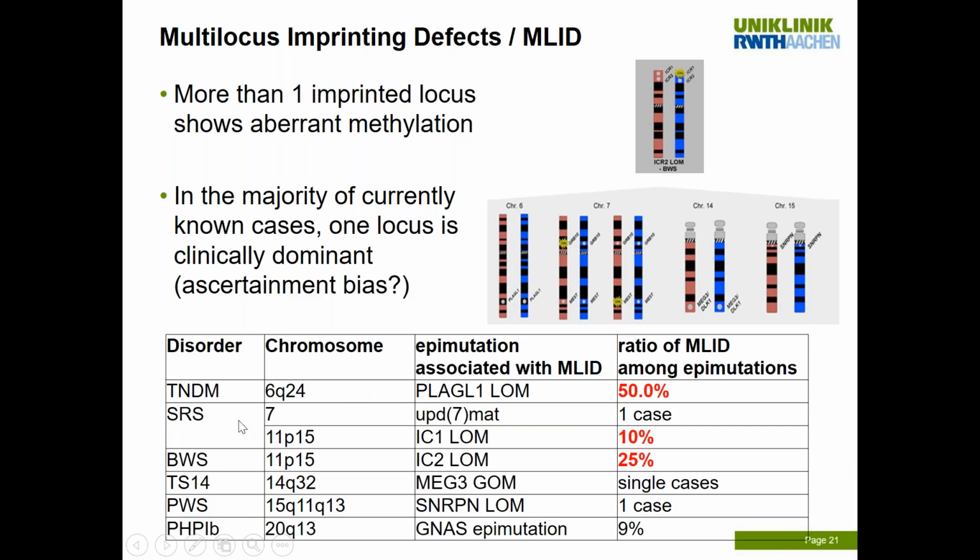However, these observations might be influenced by an ascertainment bias because we started with a Beckwith-Wiedemann or Silver-Russell diagnosis. Then we identified the disease-causing epimutation, and then it turned out that it's MLID. But I think we have to look broader to identify patients with unusual phenotypes with another pattern of multilocus imprinting defects.